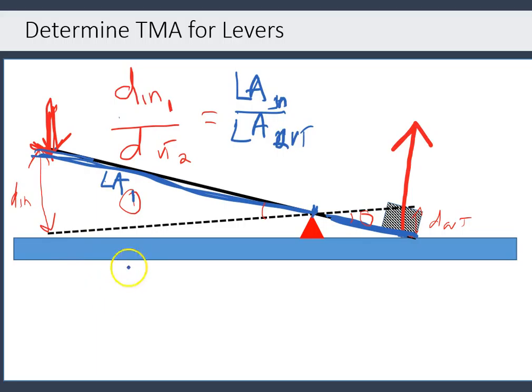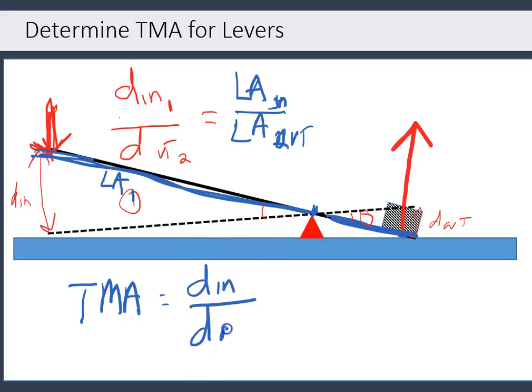Okay, so let me clean that up again. Normally, what I told you before, is we can find the TMA for a lever by getting the distance through which your input force is exerted divided by the output distance.